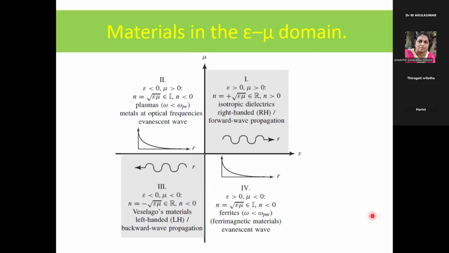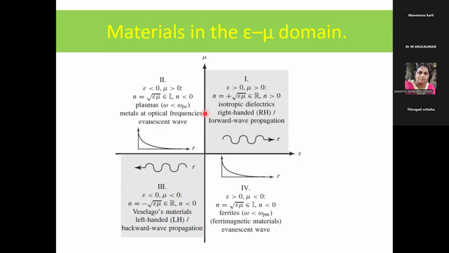What are the different values of mu and epsilon you want? Epsilon, the permittivity or the dielectric constant, can be positive, and mu is positive. In general, for any dielectric material, the values of epsilon and mu are positive.